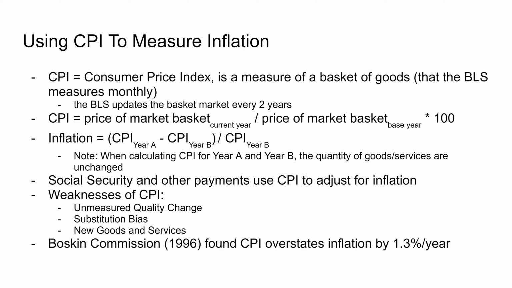So sometimes an increase in CPI doesn't necessarily mean there's inflation. It might just mean there's a new good that's popular in the economy and is a little bit more expensive. And in 1996, the Boskin Commission looked into CPI and concluded that each year, CPI overstates inflation by 1.3%.